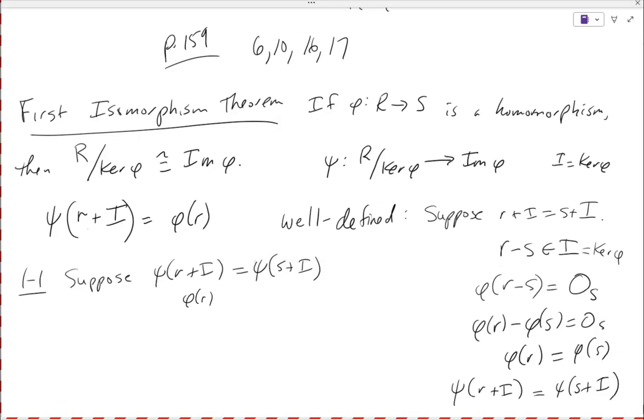Then phi of R equals phi of S. Subtract to the other side to get phi of R minus phi of S equals 0. And now again on the left-hand side, we have a homomorphism. So I can pull the phi back out, if you will, unseparated.